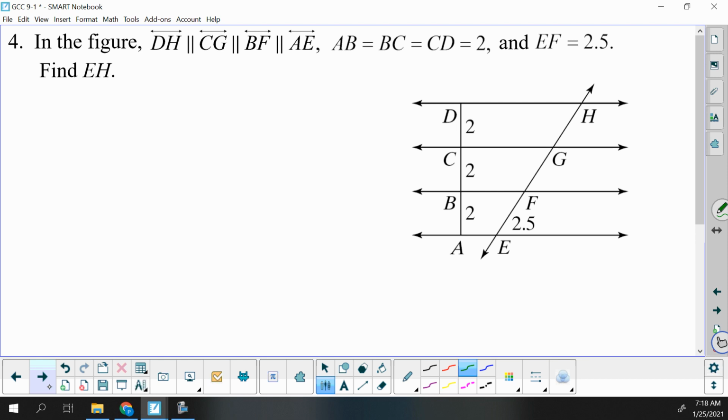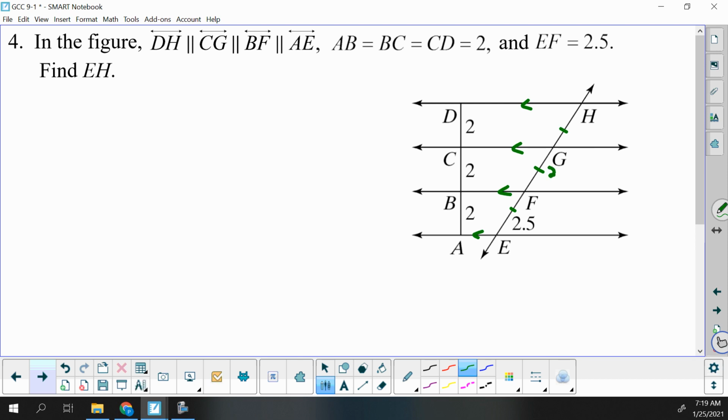All right, so we've got 4 parallel lines here. So we'll put our little arrowheads on these to show they're parallel. We've got the 3 on the left are 2. So the property we saw on a previous slide was if those are all 2 and they're in between lines that are parallel to each other, then these should all be congruent.